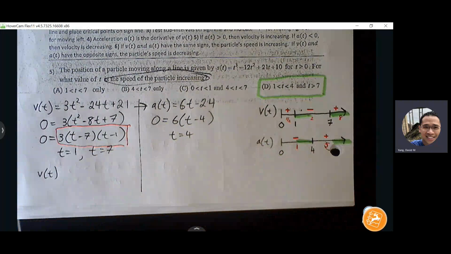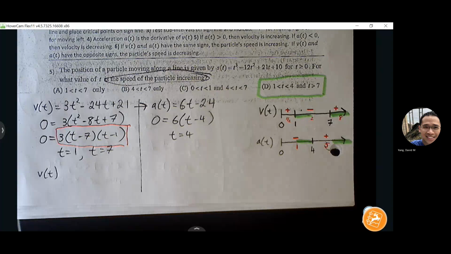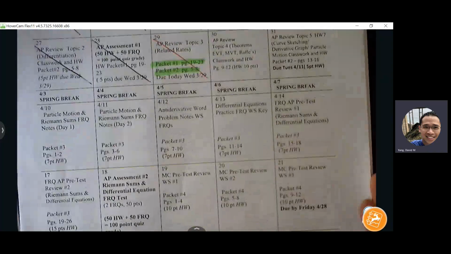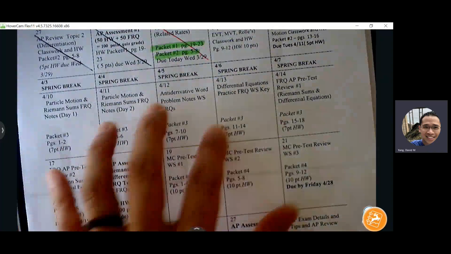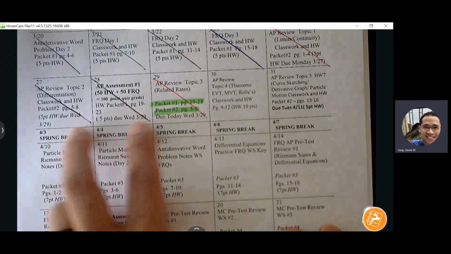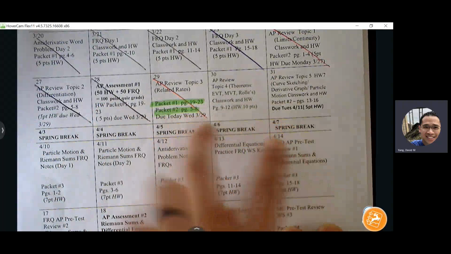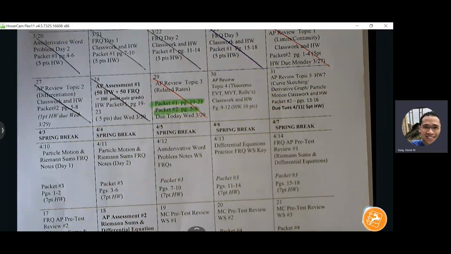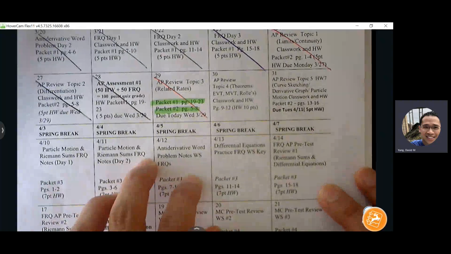Okay, any questions? Yeah, just one thing here. I know we went a little off track with the calendar because I switched the days for the first assessment, but now we're back on track. So we should be able to follow the homework assignments and due dates with the calendar that you have.